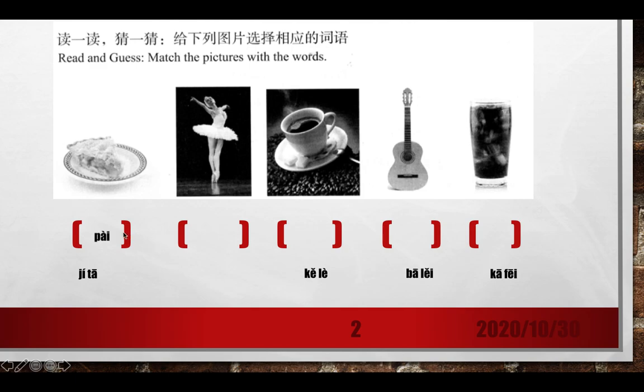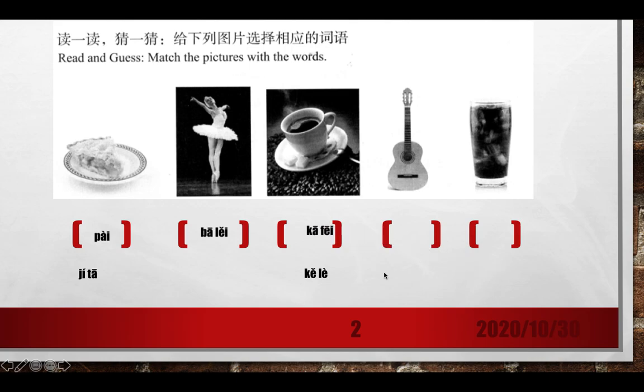So actually it's translated directly from the English word into Chinese. Second, ballet dancer. We have here ballet. The third, coffee.